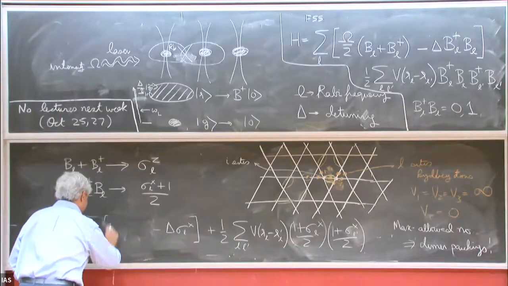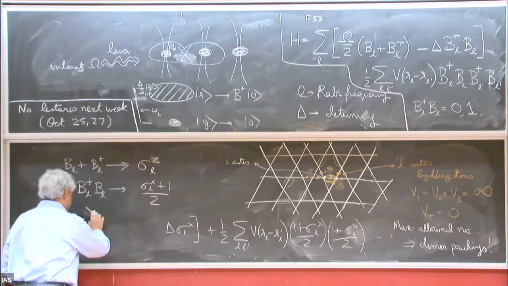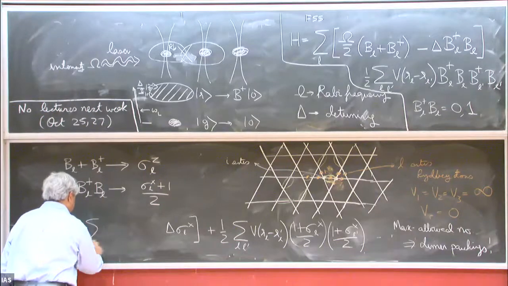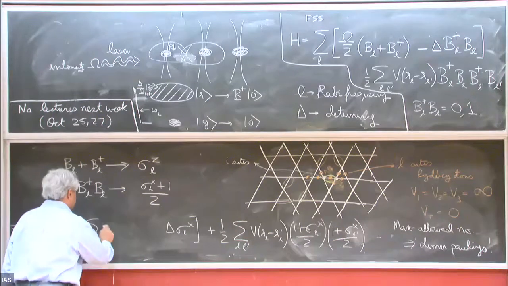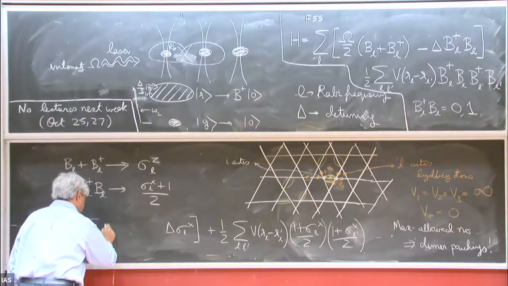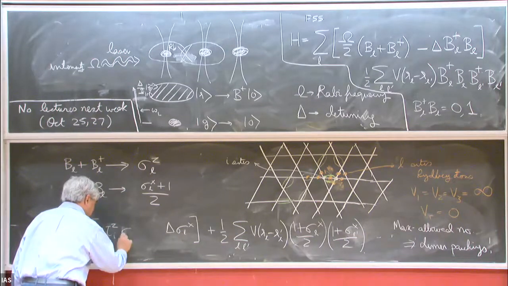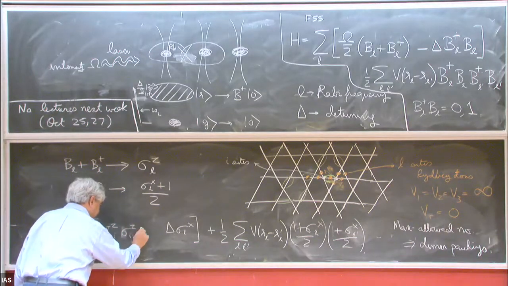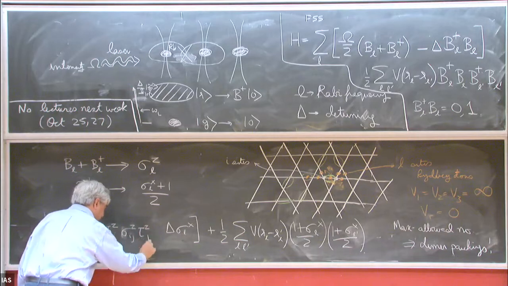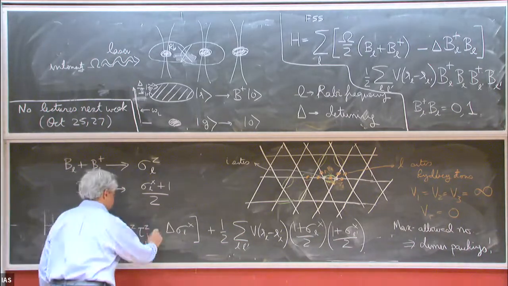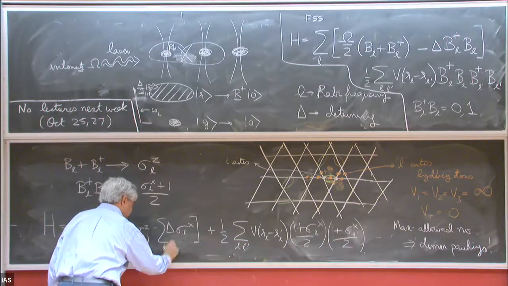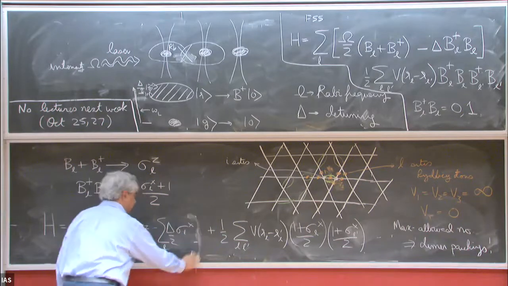I'm going to replace this by a sum over ij nearest neighbors of tau z i, sigma z ij, tau z j, and then minus a sum over links of sigma x.